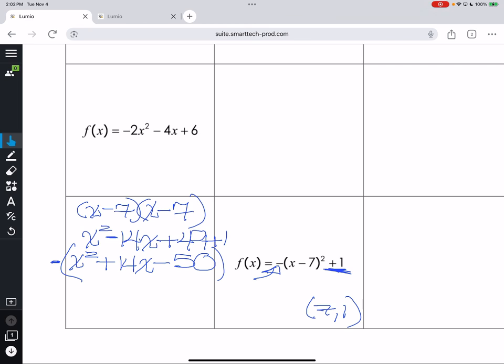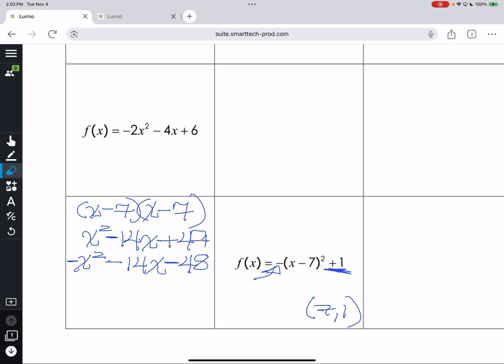Hold on. My bad. We work from left to right. Left to right. And we have to multiply. Let me erase that. We multiply, and the last thing we're going to do is add; we don't put the plus 1 on yet. So we would have our negative x squared, and this matters, minus 14x minus 48.